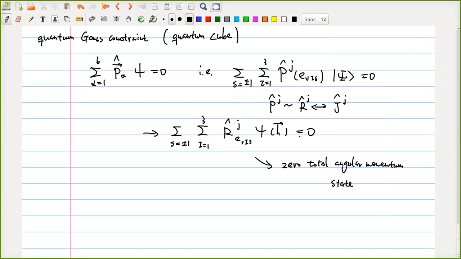How to see this? We can use the definition of the right invariant vector field. This is given by the derivative at epsilon equals 0, over all the edges at the vertex, of psi with the left translation of your group element.